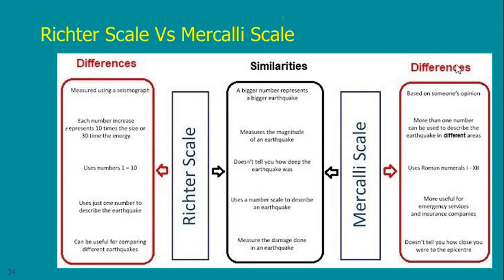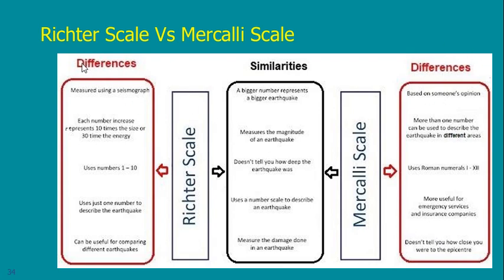Why? Because the Mercalli scale judges the earthquake based on the degree of damage that it would have on the structures and on living human beings. So depending on what we feel from the earthquake, do I feel shaken or not, do I feel it or not, do buildings crack or not, do buildings fall or not, these are all factors that define the Mercalli scale.